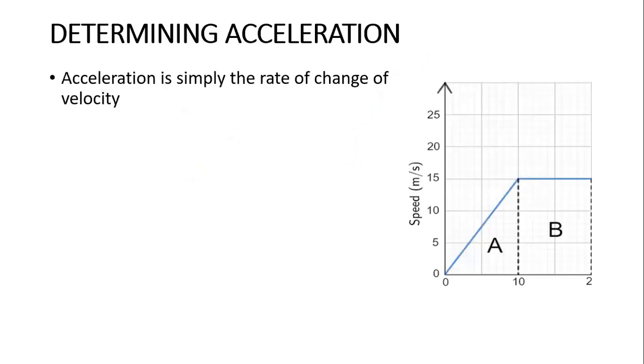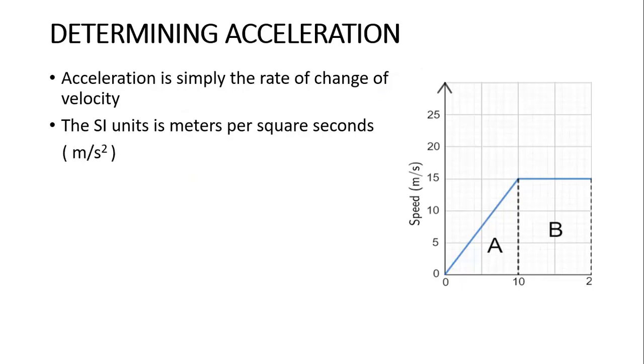Now let's look at how we can determine acceleration. First and foremost, acceleration is simply the rate of change of velocity. The SI unit is meters per second squared. The formula for acceleration is a equals v minus u over t.